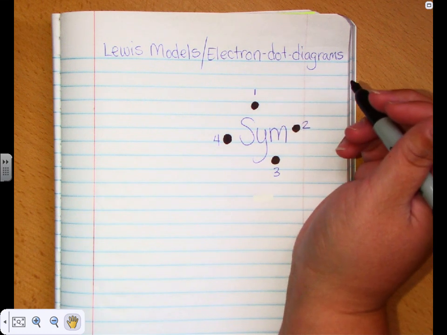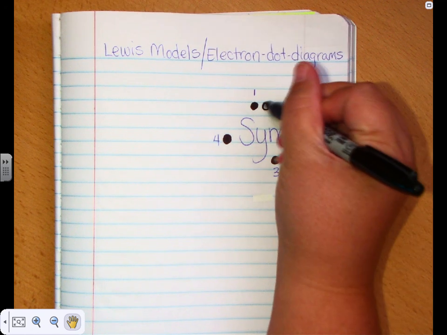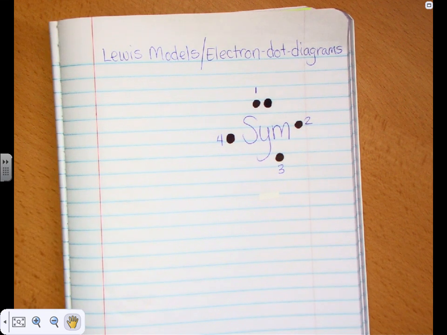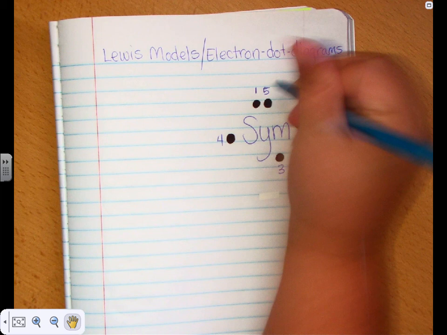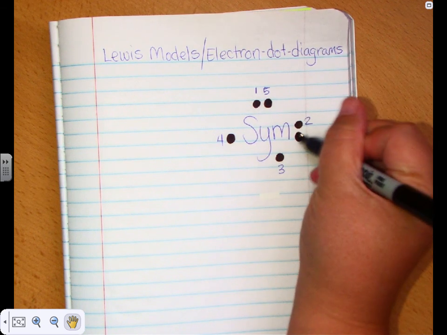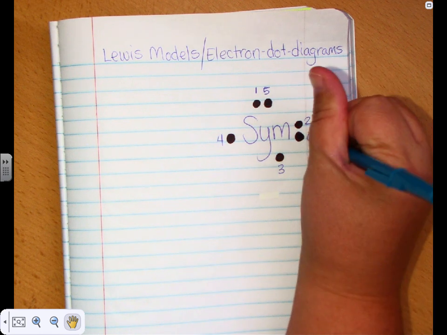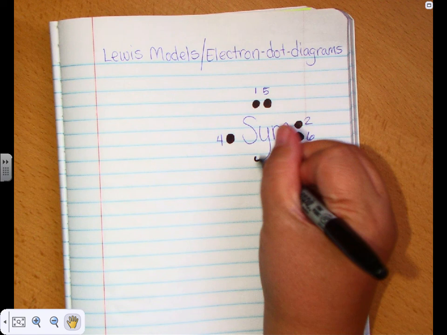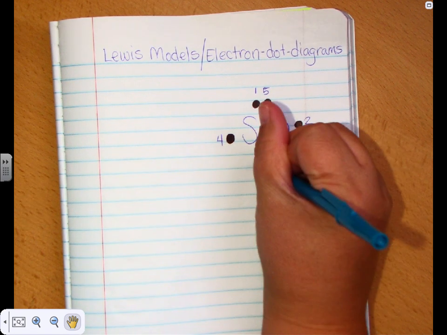Next to 1, just like this. 6 goes right next to 2. 7 goes right next to 3. And 8 goes right next to 4.